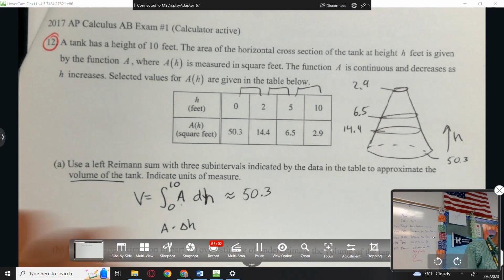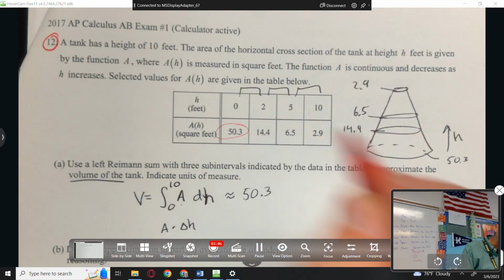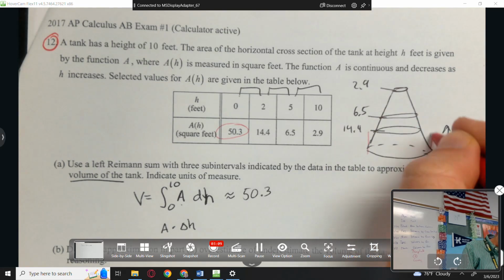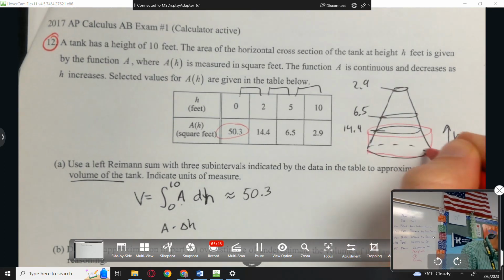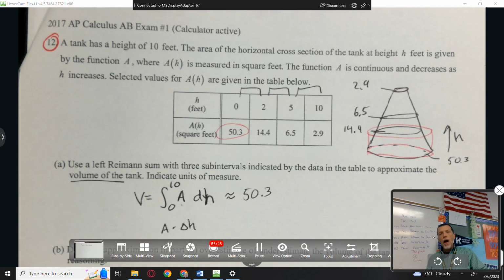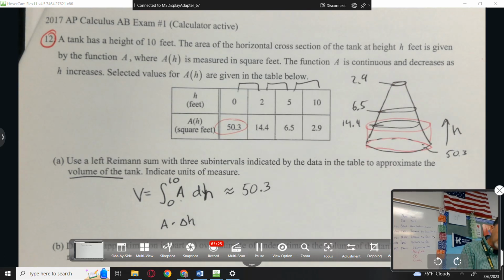And for our picture, well, left means use the left values. I don't know if that's helpful or makes it more crazy. I'm going to find the area of that cylinder, because that's as good as I can get for approximating the area of the cone.